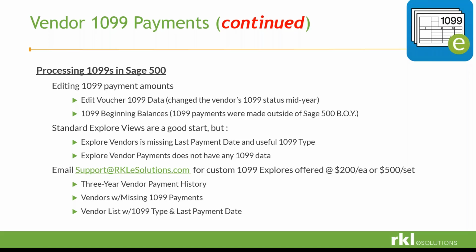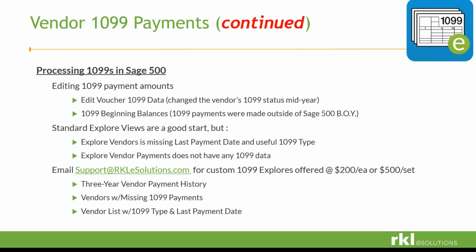So if you migrated to Sage 500 in April and had already cut checks to your vendors on another system January through April, then the amounts that you had paid from that other system can be entered in the 1099 beginning balances field, because presumably you may not have brought over the voucher detail to be able to capture those payments from the other system. So if those two scenarios don't apply, then editing 1099 payment amounts should not be a concern for you.